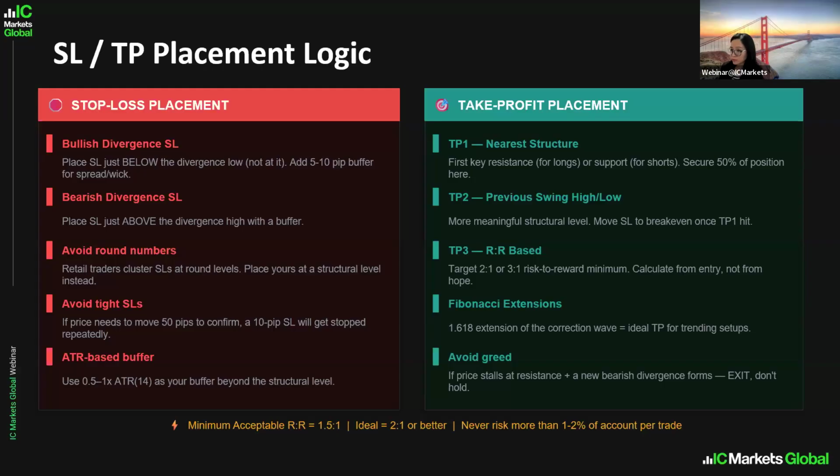Or sometimes, because I wait for confirmation, I may not get 1 to 1 or 1 to 2. Maybe I get less than 1 to 1 risk and reward. But to me, I'm okay with that, because sometimes I might put my entry, right? So let's say, for example, this is my resistance.